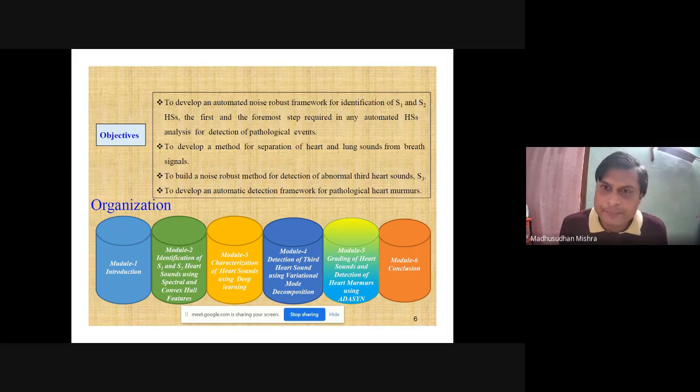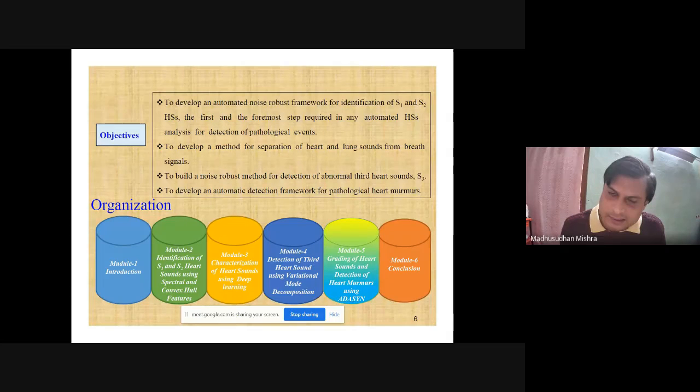If we do, there will be significant loss of information of one signal from the other. That's why, for separation of heart and lung sounds, generally non-linear decomposition techniques are followed, like empirical mode decomposition or ensemble empirical mode decomposition.